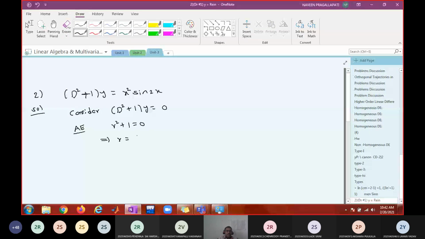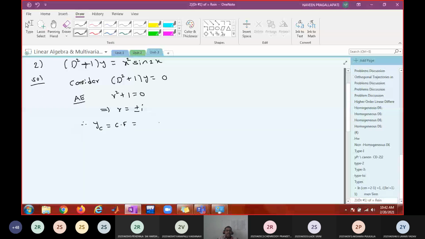Find out the roots, and then depending on the nature of the roots, write down the complementary function. A is 0, B is 1. So e power 0x is 1. C1 cos x plus C2 sin x. Is that fine? The roots are a plus or minus ib.